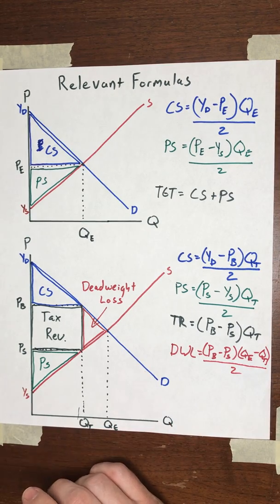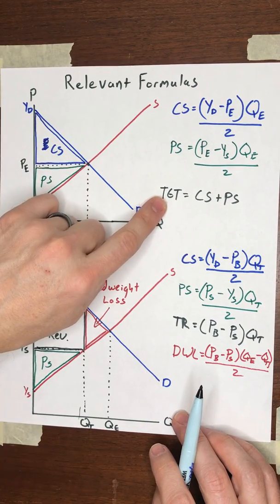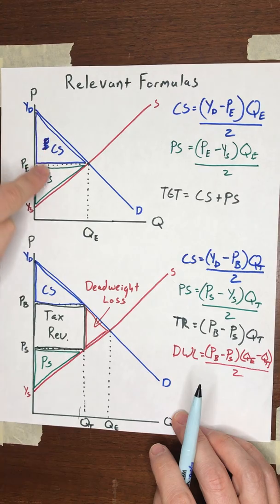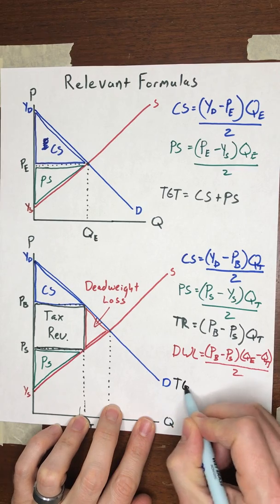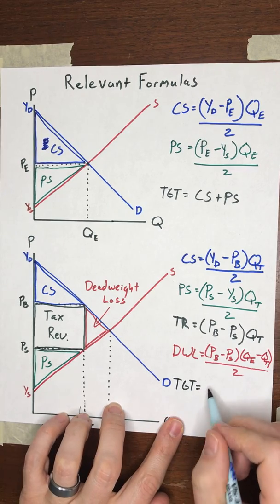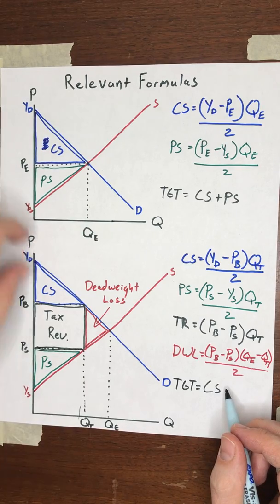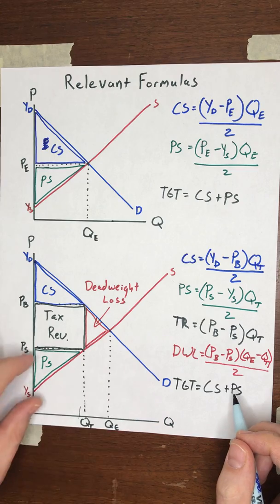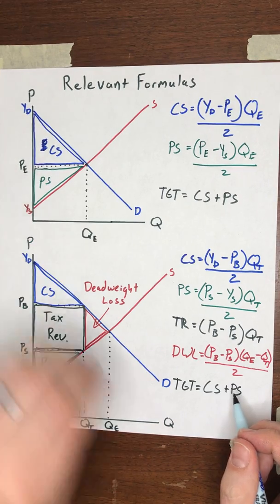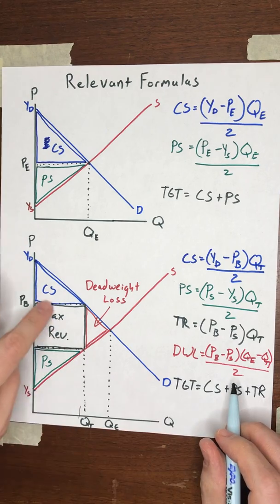Okay. Now, up here, the total gains in trade were just the consumer surplus plus the producer surplus. In this situation, the total gains from trade will be equal to the consumer surplus, although notice it's a smaller amount than it was before, plus the producer surplus, which is also a smaller area than it was before, plus the tax revenue.